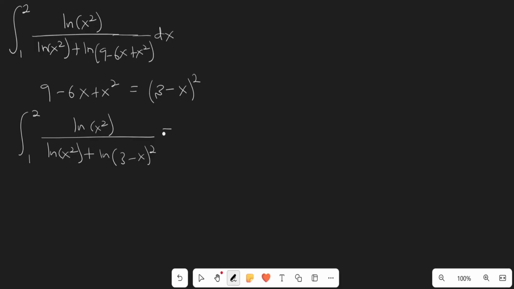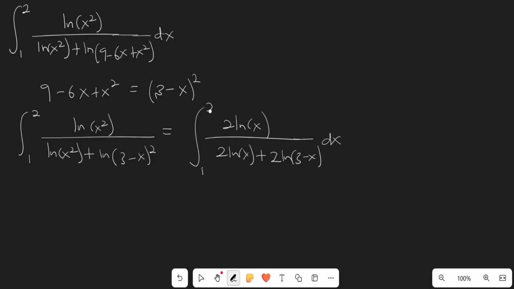So using the laws of logarithm, the numerator becomes 2 natural logarithm of x, all over 2 natural logarithm of x plus 2 natural logarithm of 3 minus x, all dx, the integral from 1 to 2.